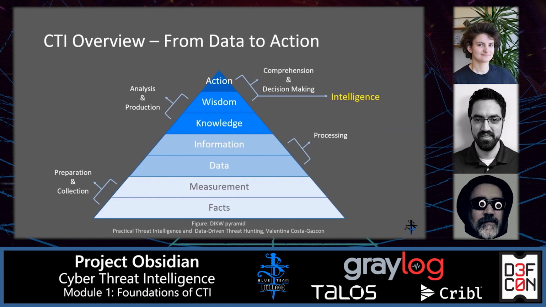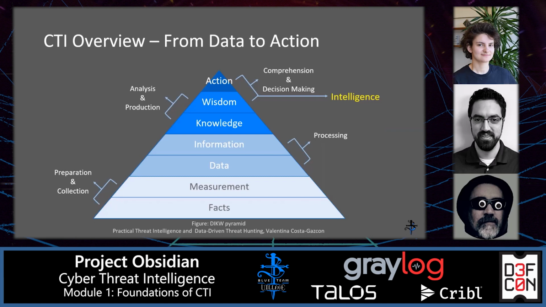Now getting up to intelligence, for example, we could say that we found that the adversary wasn't specifically targeting our organization. The intrusion was incidental. So this is based on data and information and further analysis. So that's really how we can go from data to intelligence.